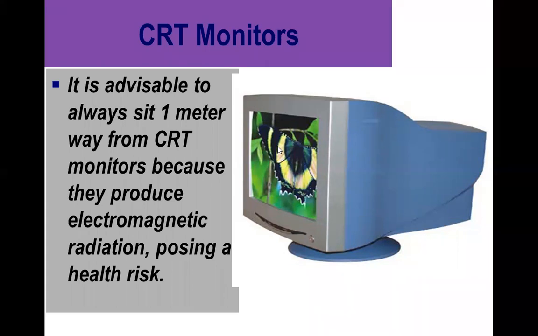Like your eyes can be affected by light produced by these monitors, since they produce electromagnetic radiations and they are not good for our eyes. So when we are using these monitors, we are always advised to sit at least 1 meter away from these monitors.